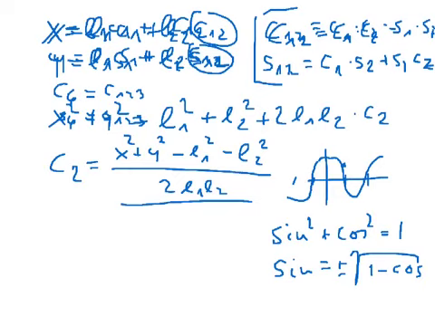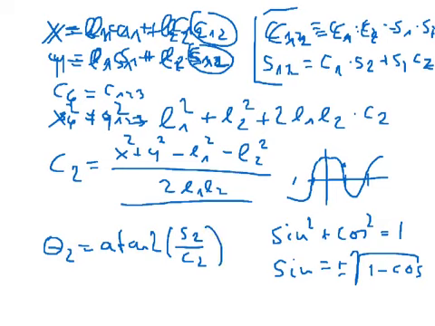So we can say theta 2 is atan2 of sine theta 2 divided by cosine theta 2. The atan2 is giving not only values between minus pi over 2 and plus pi over 2, but actually from minus pi to plus pi.